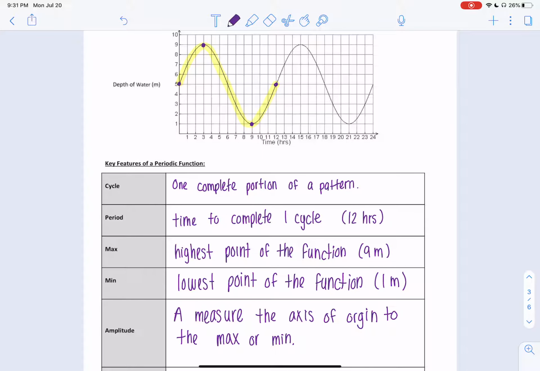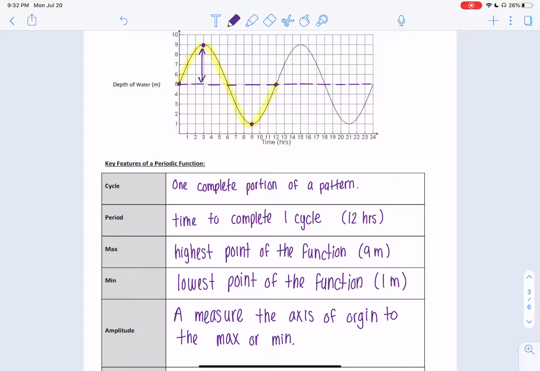So all of these periodic functions, because they go in this wavy shape, they have what's called an axis of origin. And that is this line right here that splits it all in half. And my amplitude is how big these waves are.